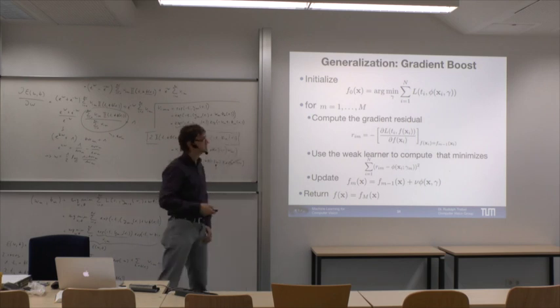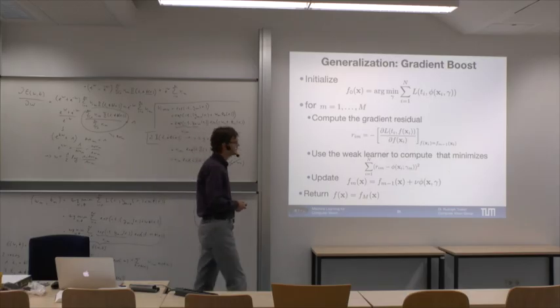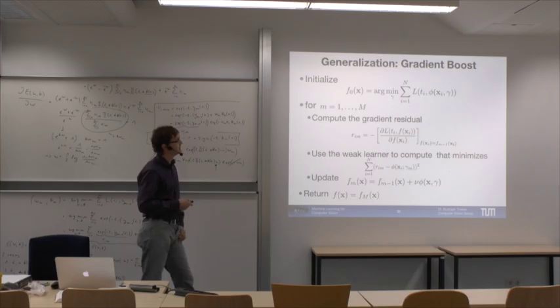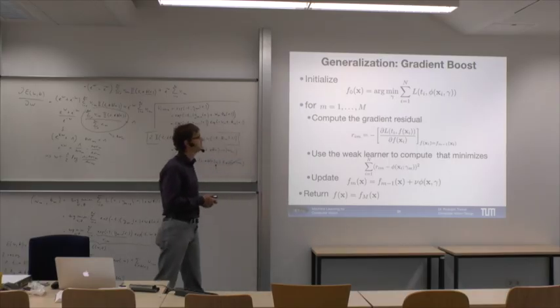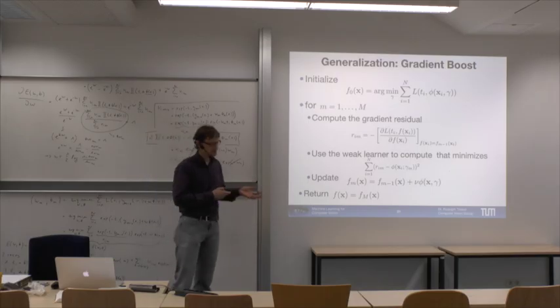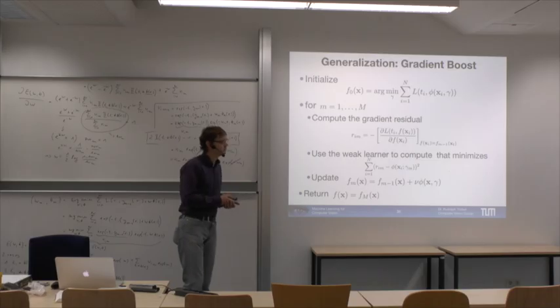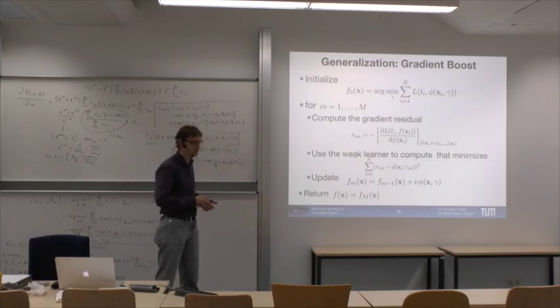And yet another boosting algorithm is called gradient boost. I'm showing it because it's interesting that this is kind of the most general way of describing boosting. The idea is that AdaBoost minimizes the exponential loss, LogitBoost the log loss. What if I just have my own nice loss function and I don't care what other people do? I want my loss function minimized.